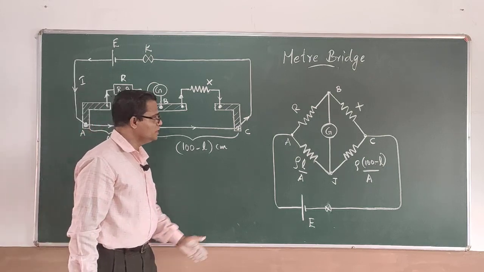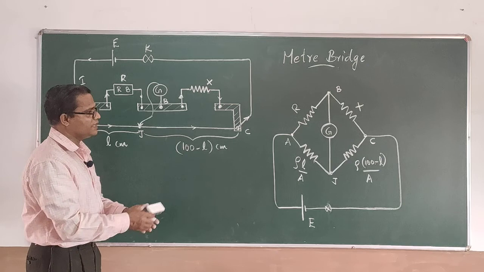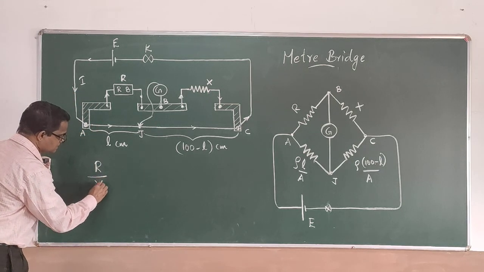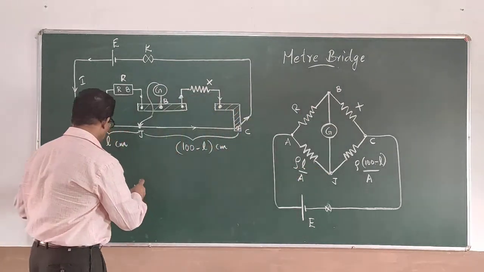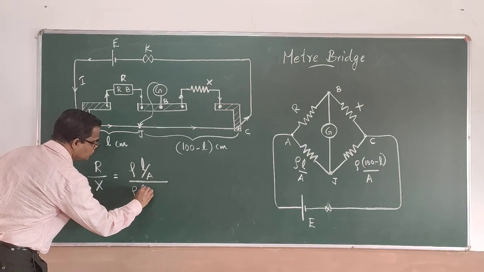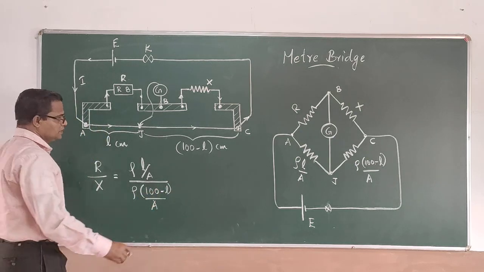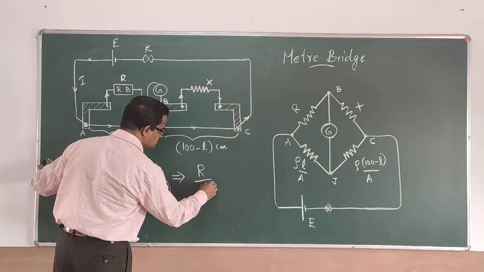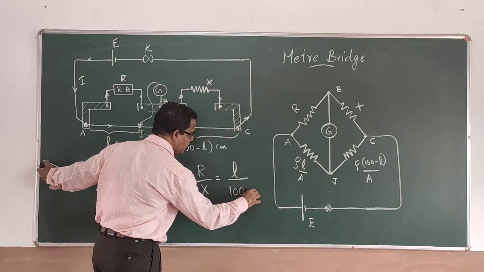Okay. Now you know the relation there, already studied. Take that directly into this one. You get R by X is equal to rho into L by A divided by rho into (100 minus L) divided by A. That corresponds to R by X is equal to L by (100 minus L).